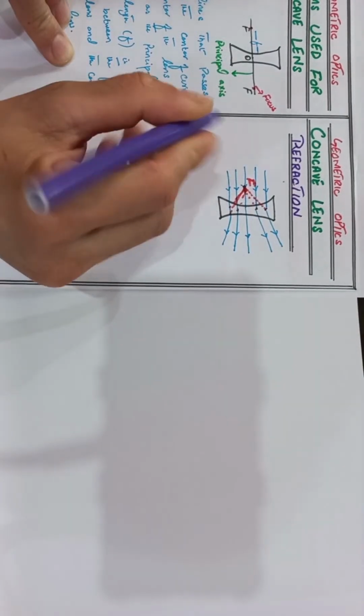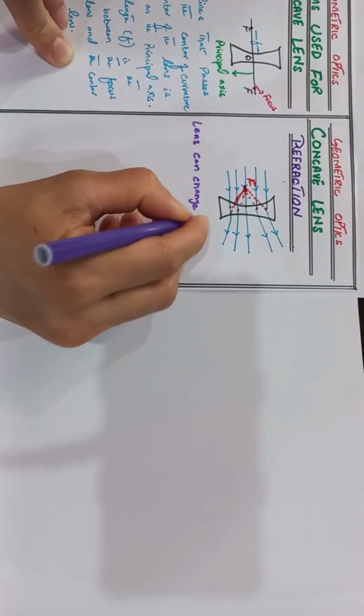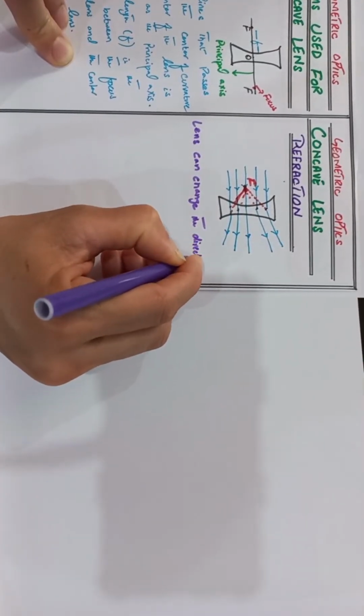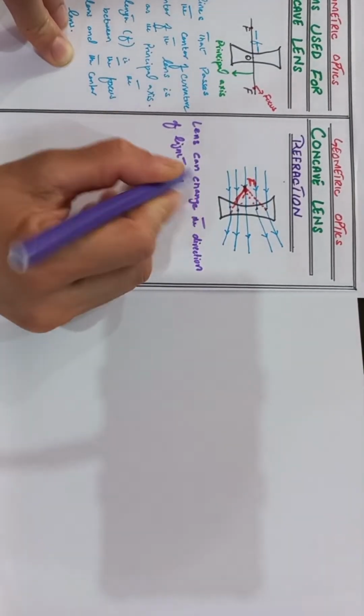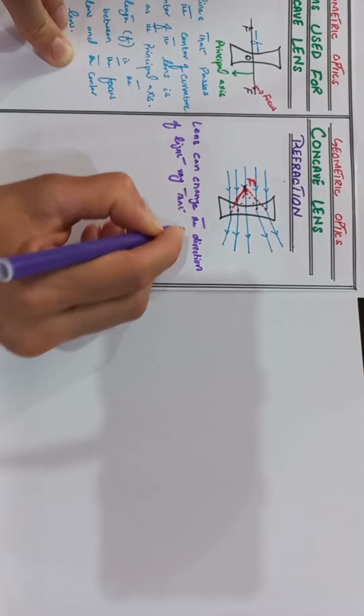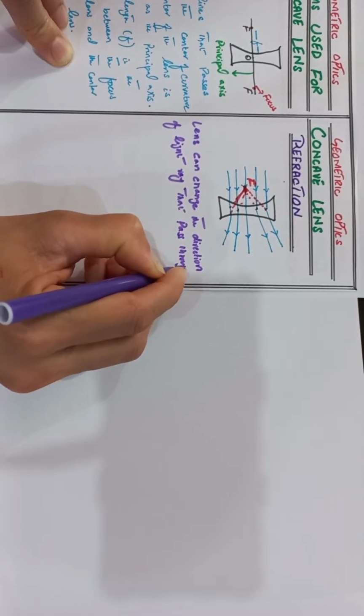So here we write that a lens can change the direction of light rays that pass through them.